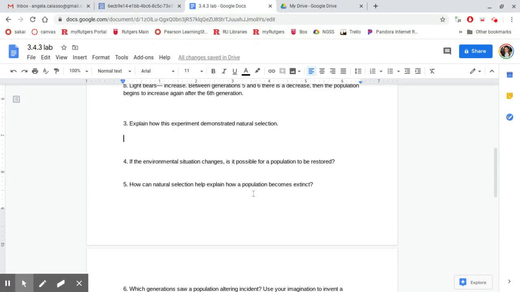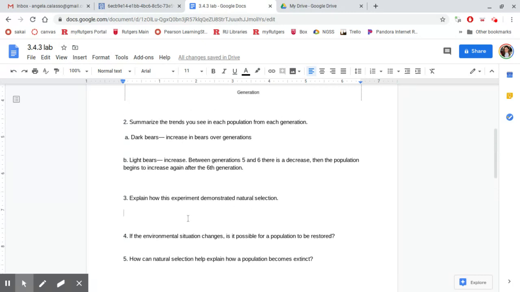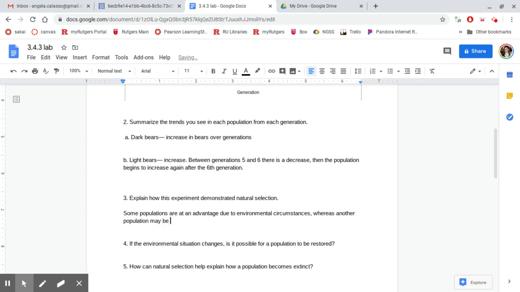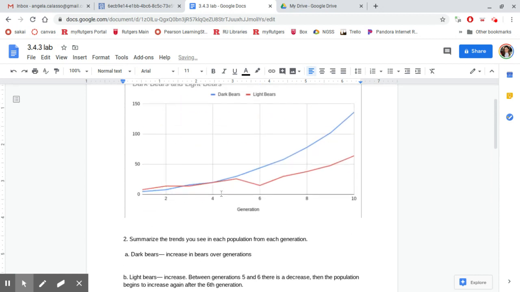So it mimics natural selection because we're seeing that some populations are at an advantage due to environmental circumstances, whereas another population may be at a disadvantage because of those circumstances. All right, so that's what's happening in natural selection.